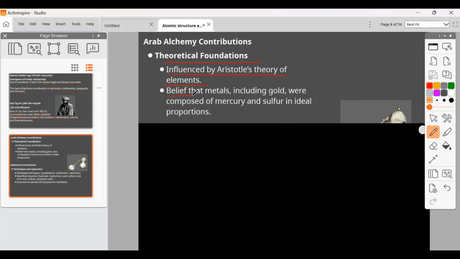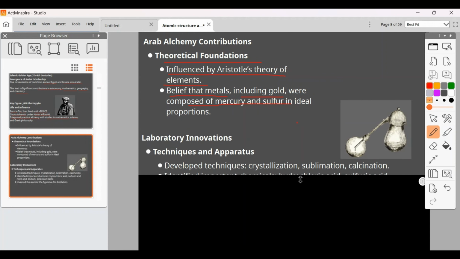So he believed that metals, including gold, were composed of mercury and sulfur in ideal proportions.